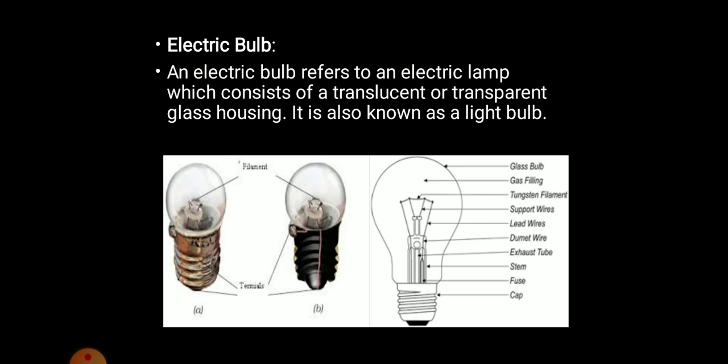The main difference between the torch bulb and this conventional electric bulb is that in the torch bulb the terminal is residing near the side region, whereas in this electric bulb the two terminals, positive and negative, are located below, at the base of the bulb.